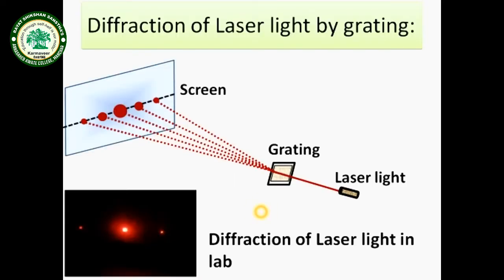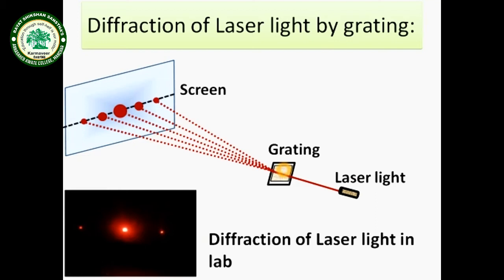Here you might be aware of, or you might have performed, the experiment of how laser light interacts with a grating. The laser source produces the laser light, and this laser light interacts with the grating.